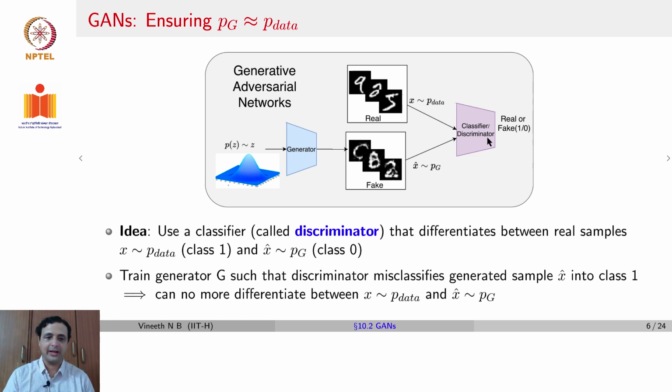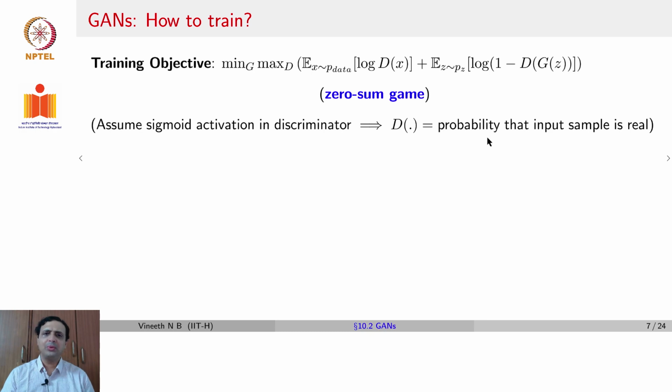That's the overall idea. How do you train such a generator and discriminator? The training objective for GANs is a min-max optimization problem. You minimize over G, which are the parameters of your generator network. You maximize over D, which are the parameters of your discriminator or the classifier network.